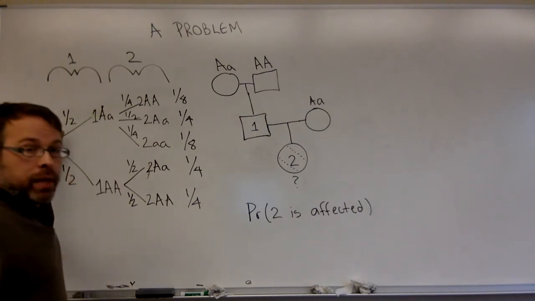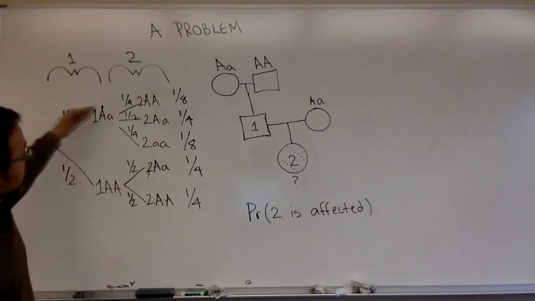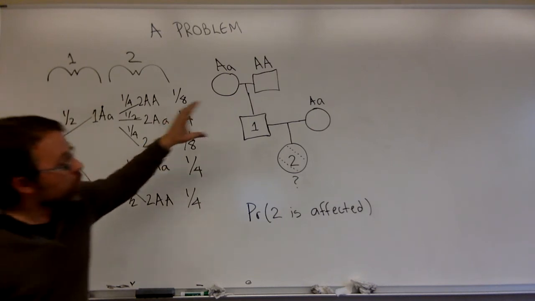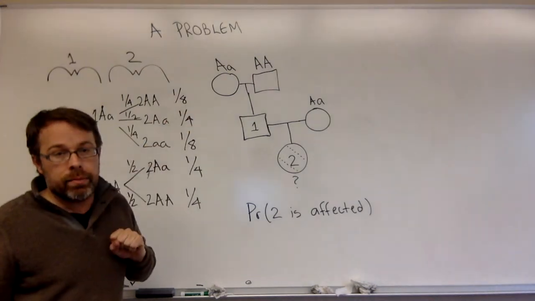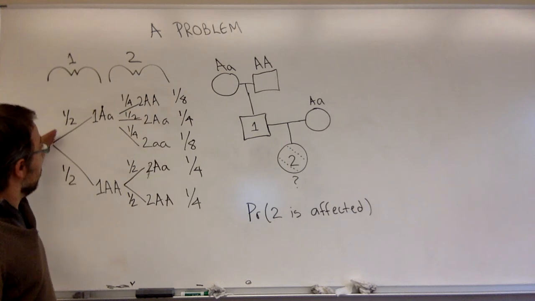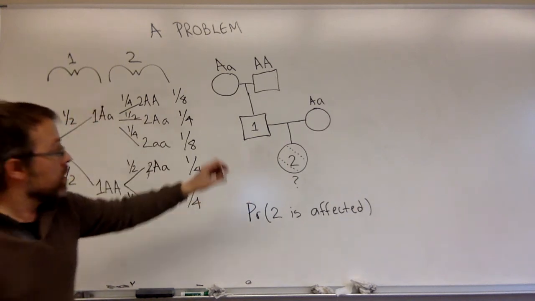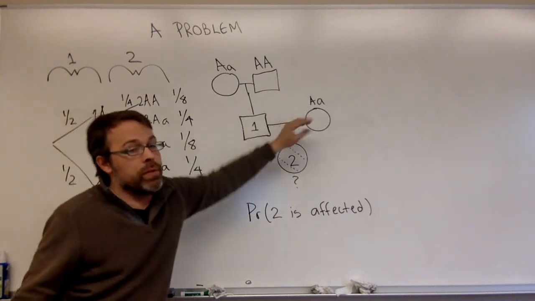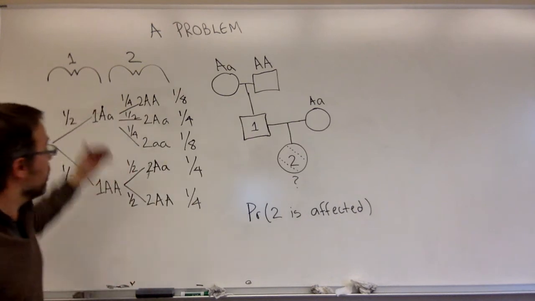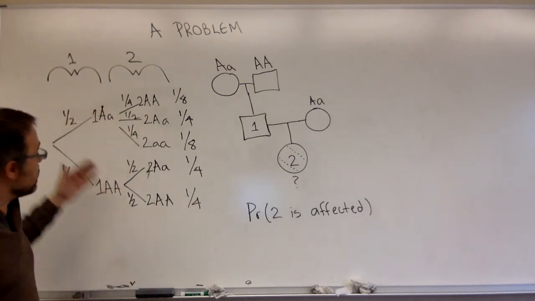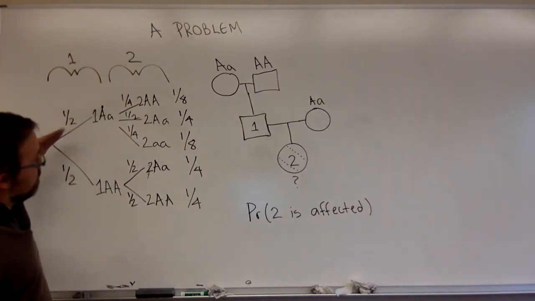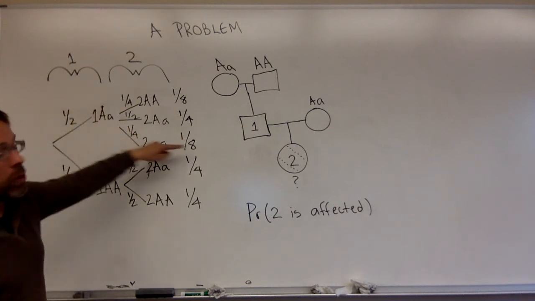And if we look at what we've done there, there's basically only one path, because first this individual has to be big A little a with 1/2 chance, and then this individual and this individual have to both pass down little a with chance 1/4. And so that's just a classic, we have to have this happen and this happen, so we multiply them together.